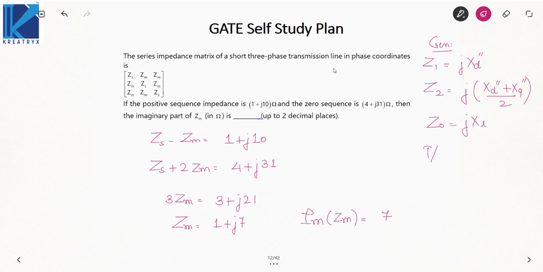For a transformer, Z1 equals Z2 equals Z0 is jXl, only leakage. For a transmission line, Z1 and Z2 are both equal to Zs minus Zm, and Z0 is equal to Zs plus 2Zm. You should always remember the sequence impedances for these three components.